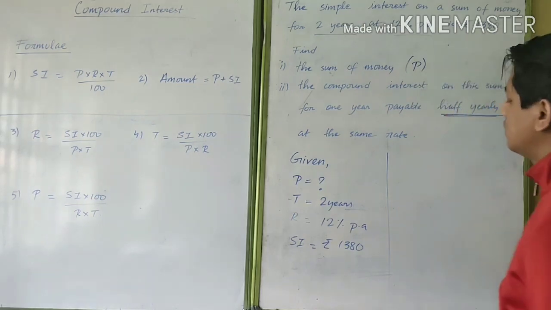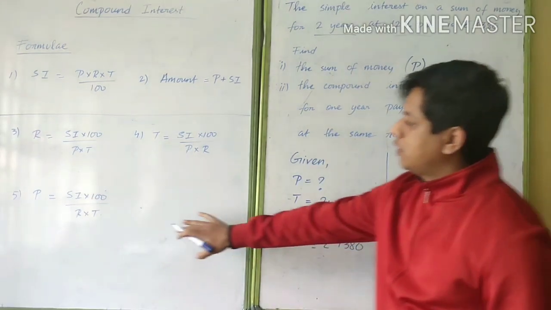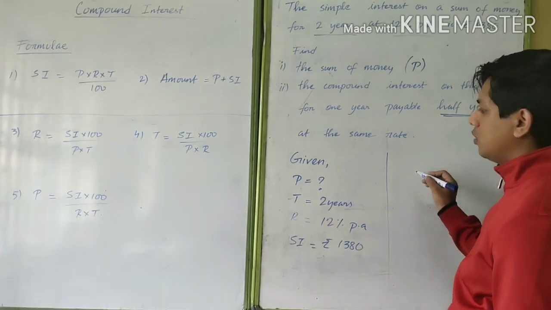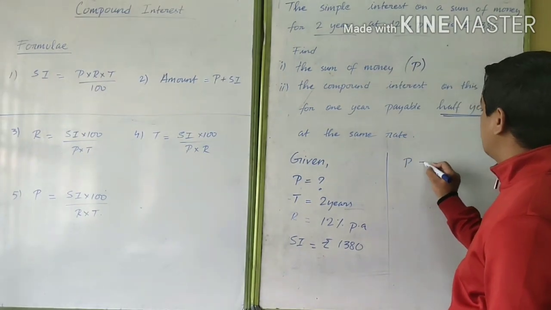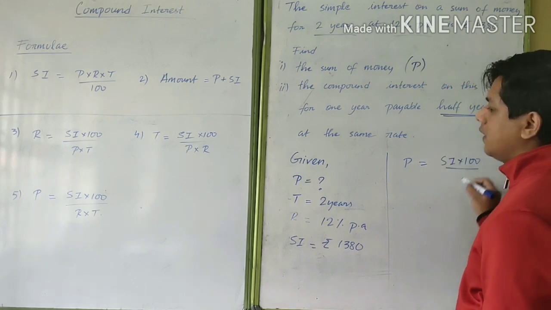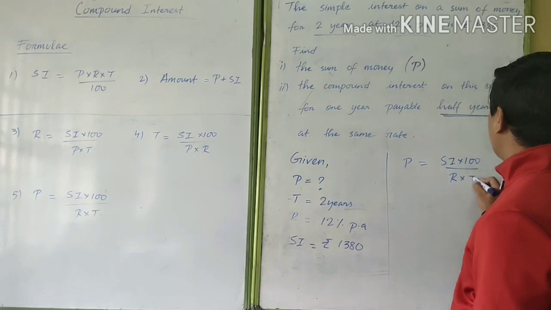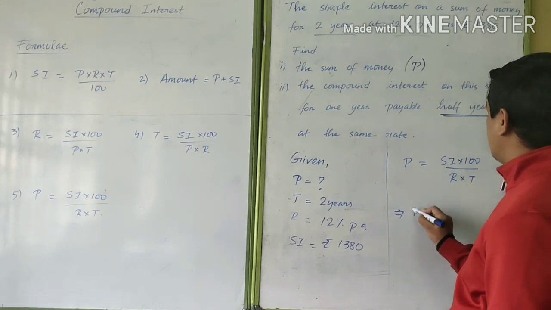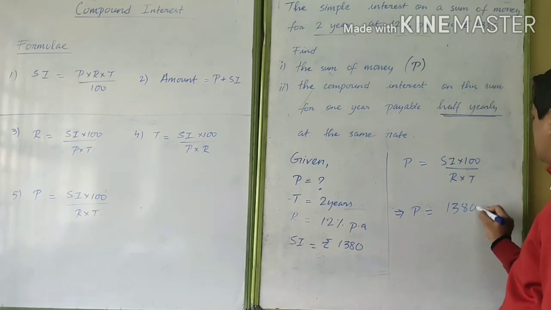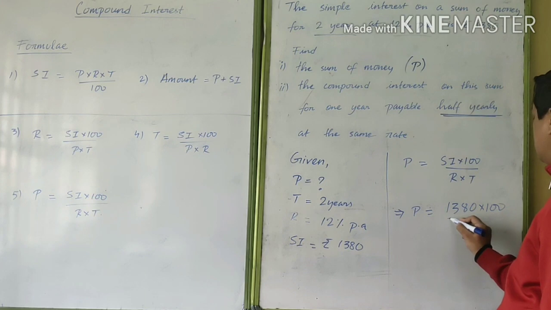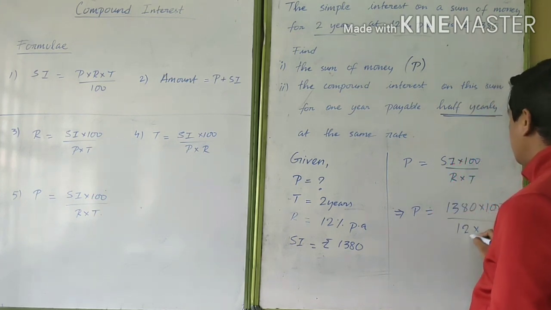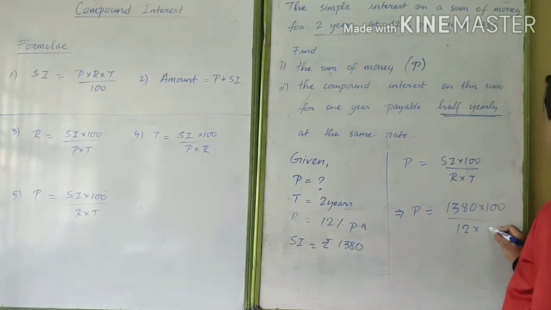So using this formula we will find the sum of money, or the principal. The formula is P equals SI into 100 by R into T. P equals SI, which is 1380, into 100, divided by the rate, 12% per annum, into the time, 2 years.